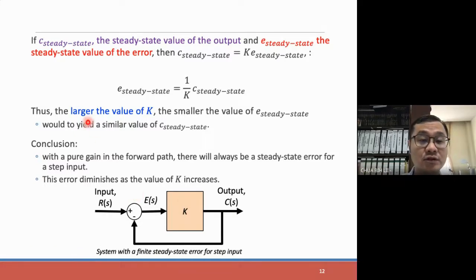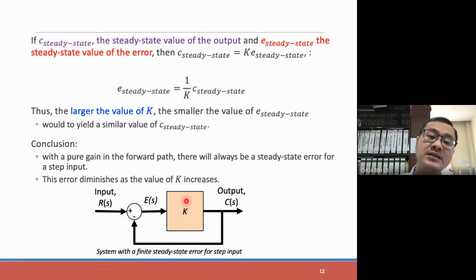So what we can rearrange from this is that the steady state error equals 1 over K of the output. Just bring this over here, so we have this relationship between the error, the output, and the transfer function of your system, the K itself.